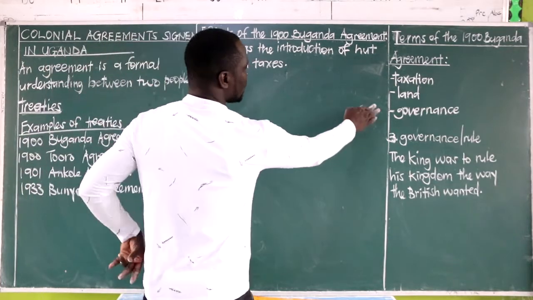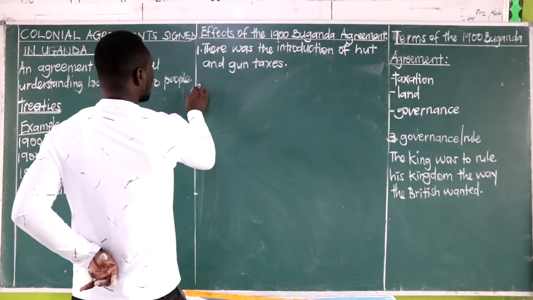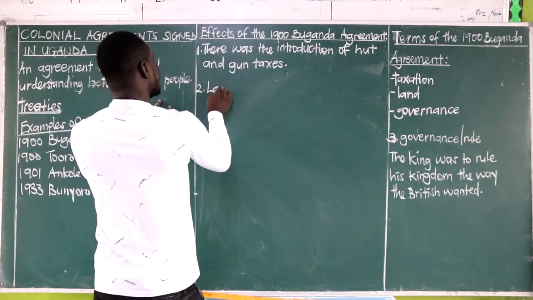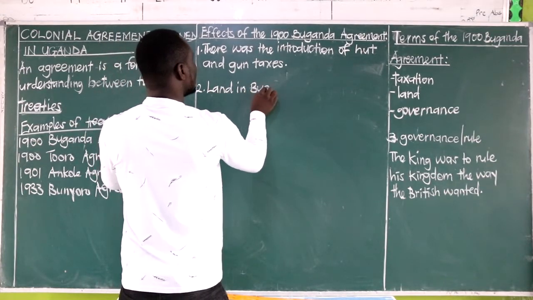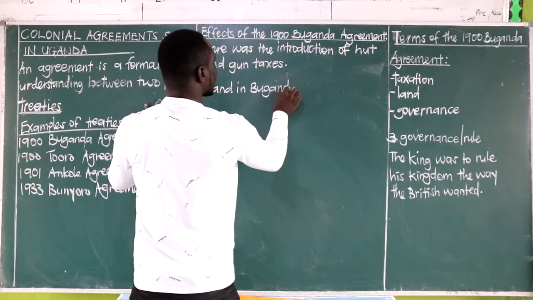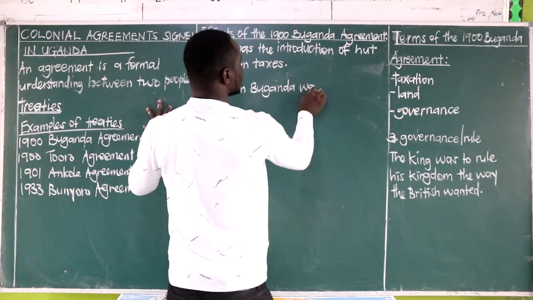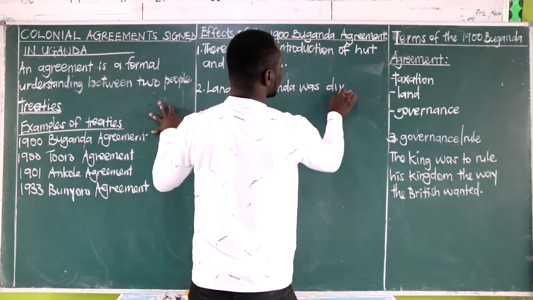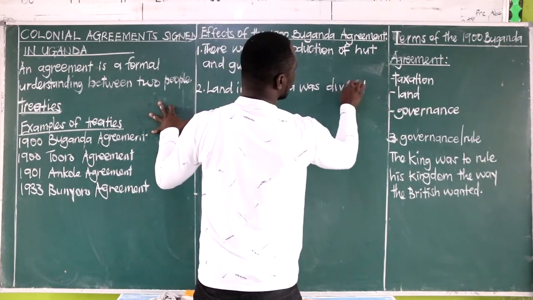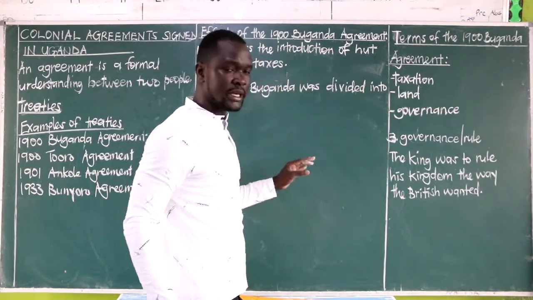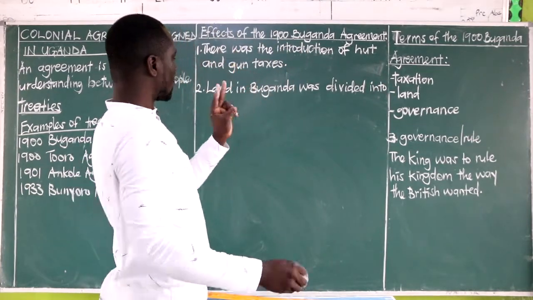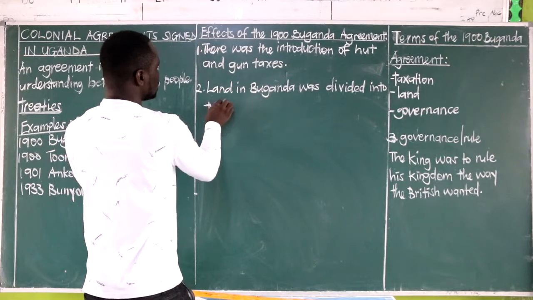Second effect, we shall say the land in Uganda was divided into how many? Into two. That's what we say, into two.